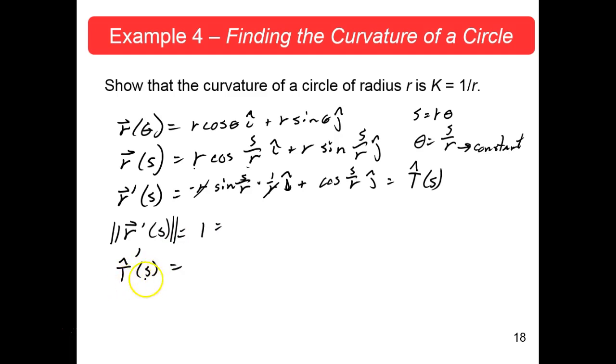S is with respect to s, by the way. Anybody? Derivative of minus sine s over r. Got it? Cosine of s over r.